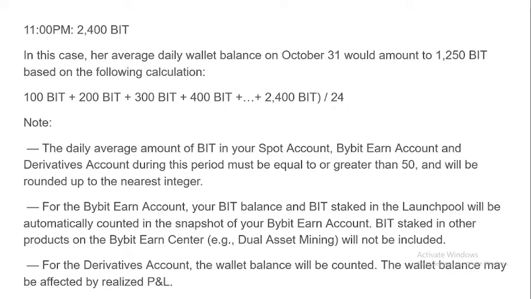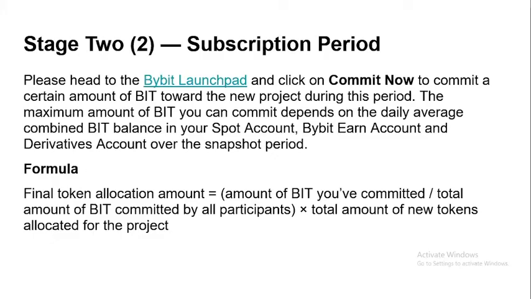BIT staked in other products on the Bybit Earn Center, for example dual asset mining, will not be included. For the derivatives account, the wallet balance will be counted. The wallet balance may be affected by realized profit and loss.